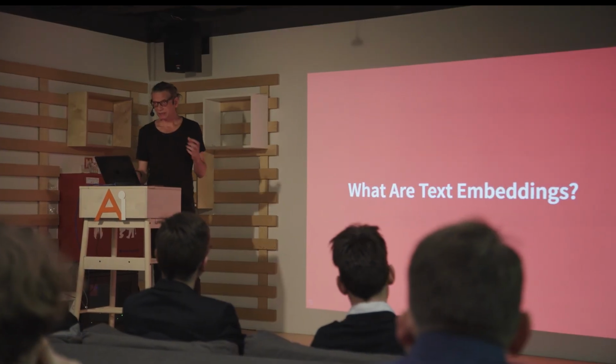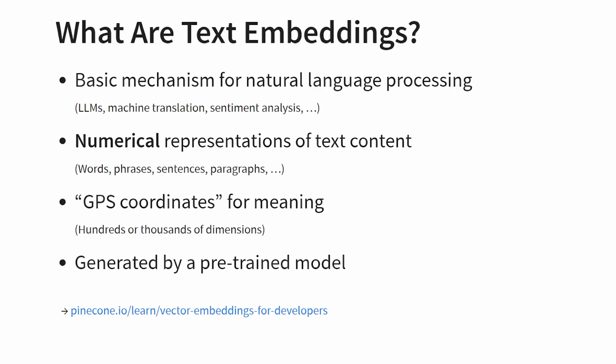And that's our next topic. We need to clarify what it is. At its core, embeddings are a basic mechanism for natural language processing, right? Every application of NLP, be it sentiment analysis, machine translation, which is actually the origin of this idea, or the large language models, is based on text embeddings.